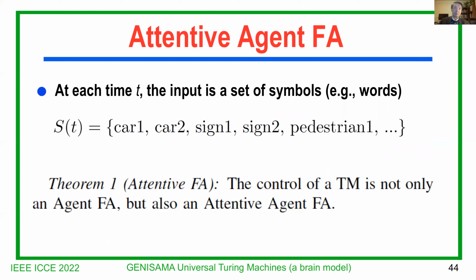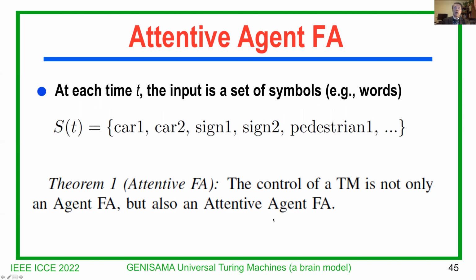We build our mechanism. The attentive agent FA has a background, and you have multiple objects. Before, the agent FA had only monolithic input, 0 or 1 for example, with no background and no multiple objects. Here we have multiple objects in the input. Theorem 1 says that the control of a Turing machine is not only an agent FA, but also an attentive agent FA.